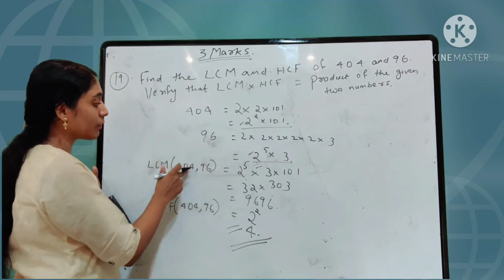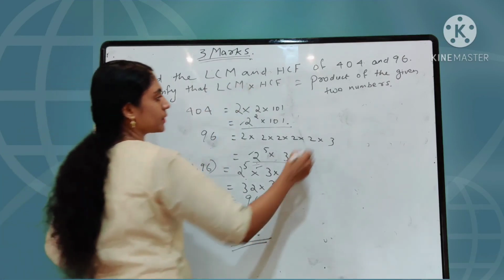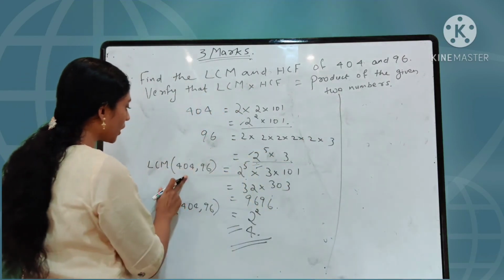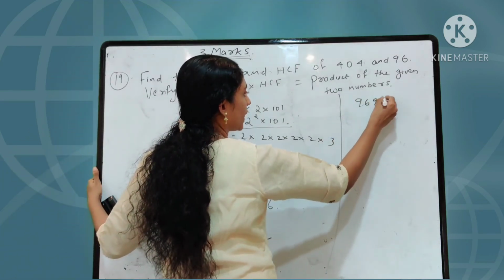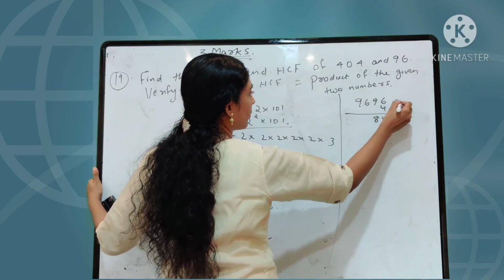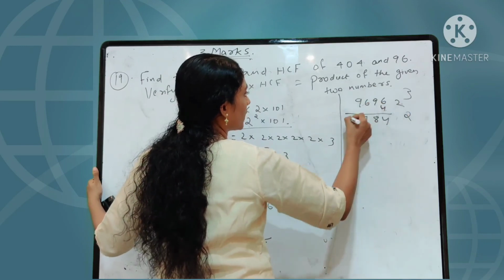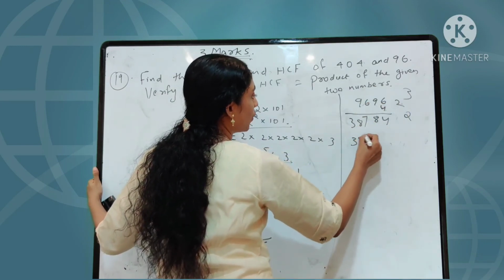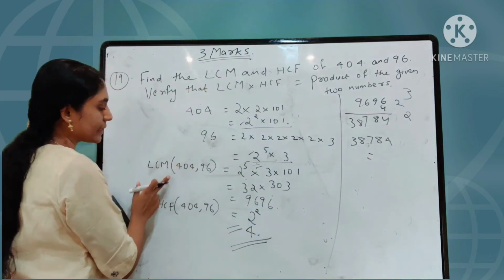Now we have to verify whether product of these two is equal to product of the given two numbers. See, product of LCM into HCF, it is 9696 into 4. 9696 into 4, 38784 we got as the product of LCM and HCF.